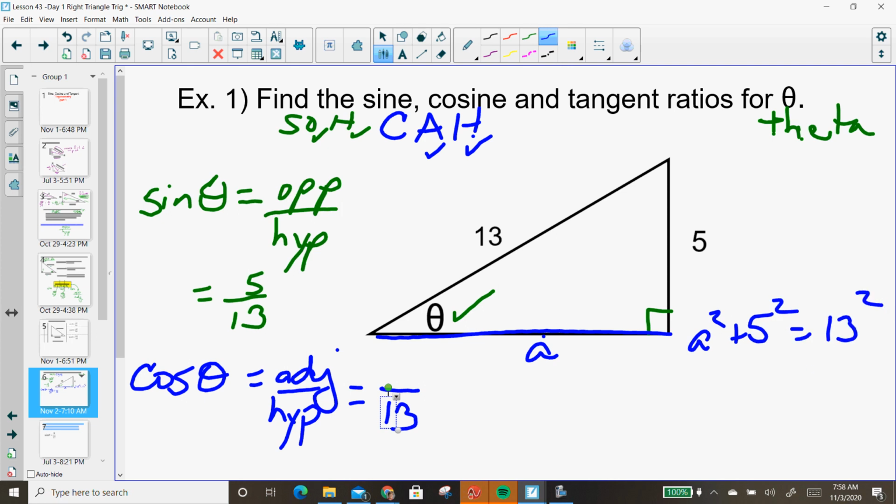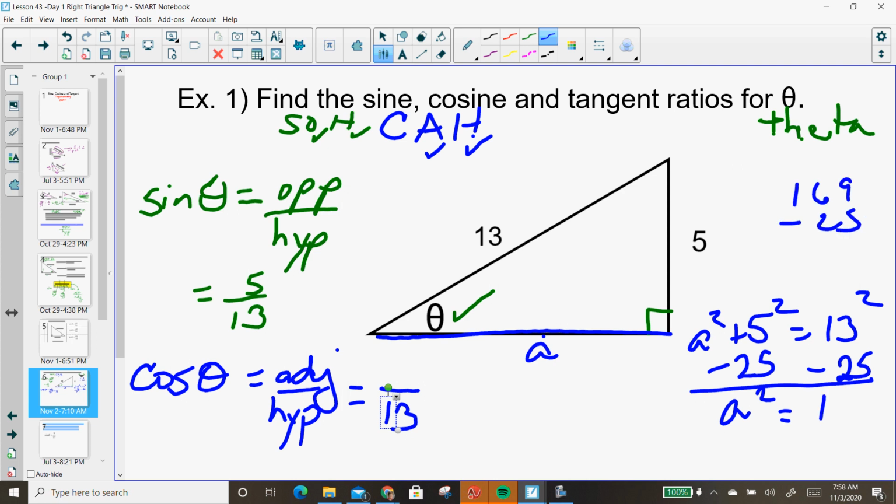So if I take 169 minus 25, that means a squared is 144. So how big is A? 12. Or some of you know 5, 12, 13 is a triple. So that means my cosine is 12 over 13.